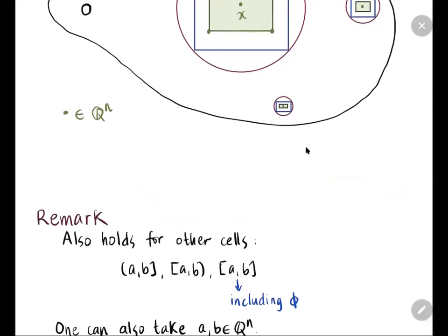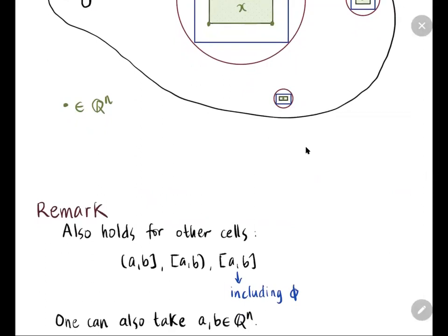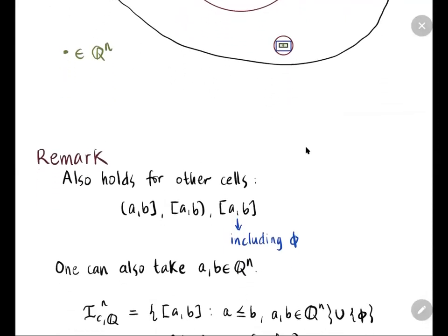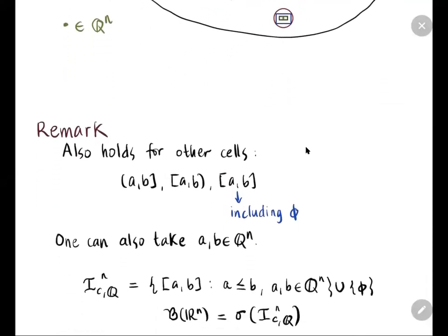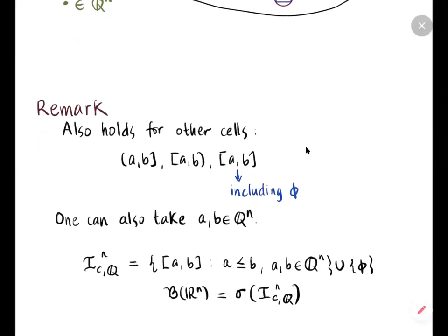And according to Lindelof's theorem, in fact, we can take A and B to have rational components. And likewise, the Borel sigma algebra in Rn can be generated by the closed cells with rational endpoints.